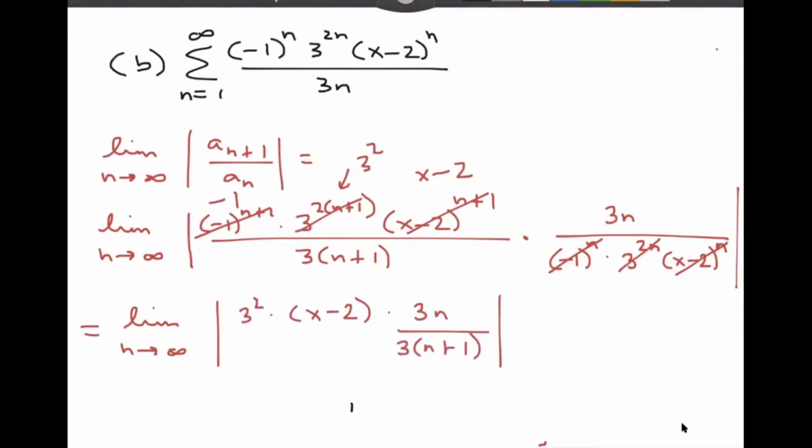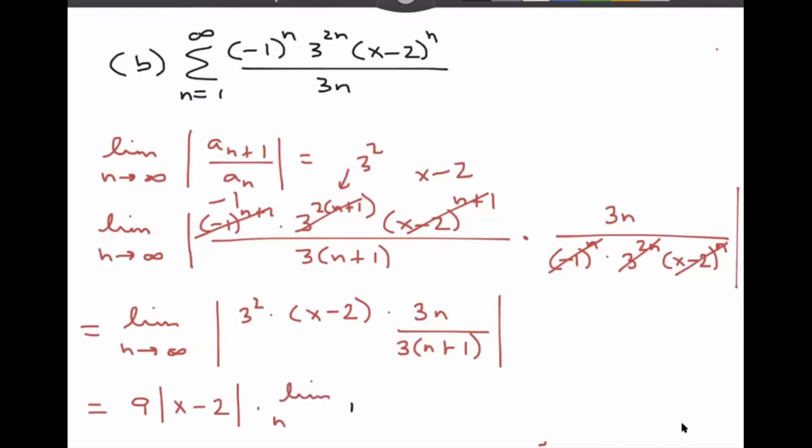All right, so a couple of these things can come out of the limit. 3 squared can come out, might as well call it 9. This x minus 2 has to stay in absolute value.